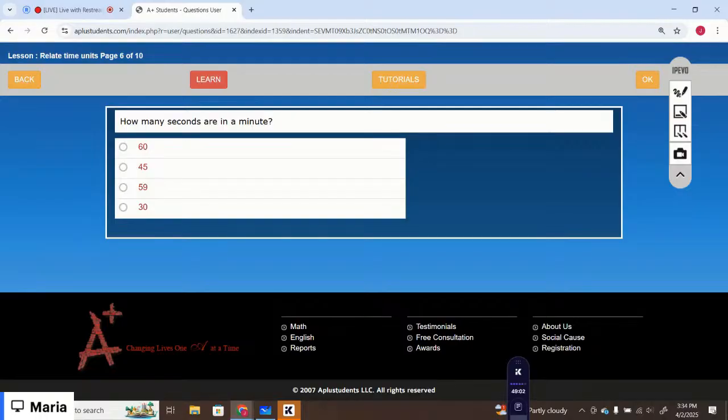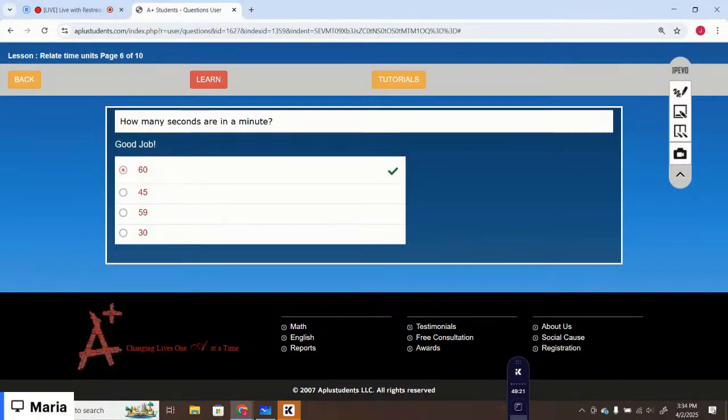How many seconds are in a minute? There are 60 seconds in a minute. Option number one is the correct option.